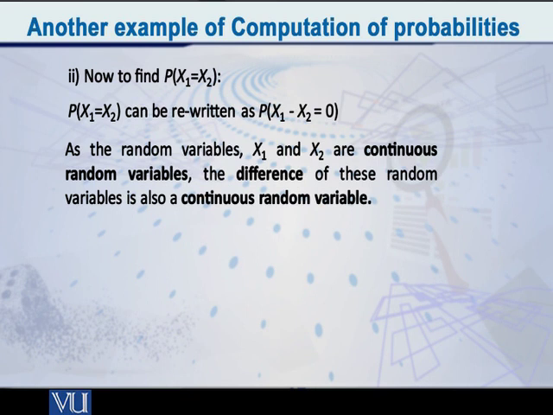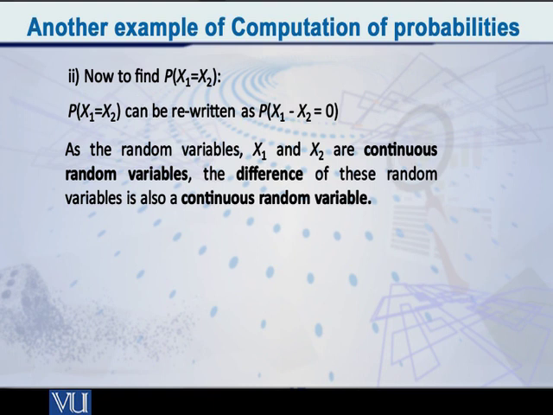Suppose instead that we are wanting to find the probability that x1 is equal to x2. ये एक और बड़ा इंटरेस्टिंग केस है, इसको भी देख लें. Well, the probability of x1 is equal to x2 can be rewritten as the probability that x1 minus x2 is equal to 0. जाहिर है अगर आप उसको इस तरफ ले आएंगे तो माइनस साइन के साथ आप ये लिख सकते हैं.